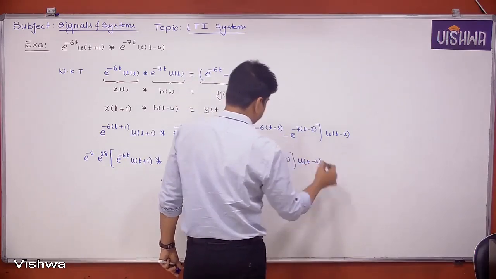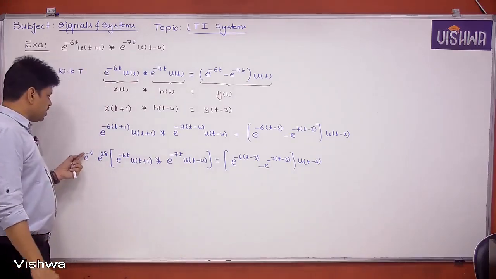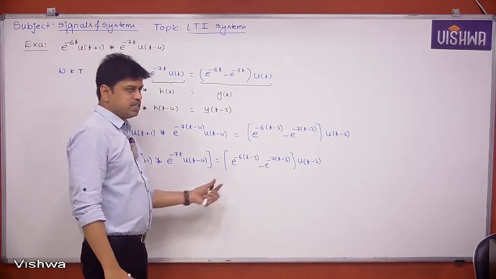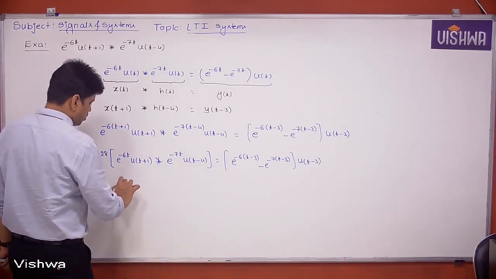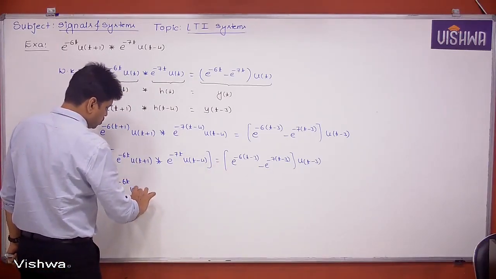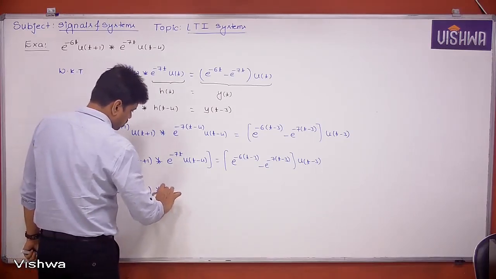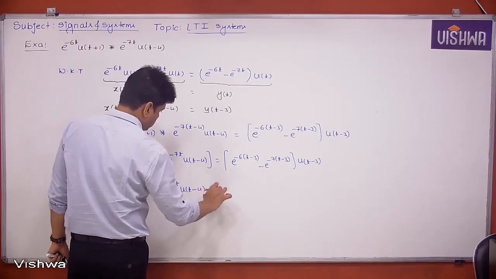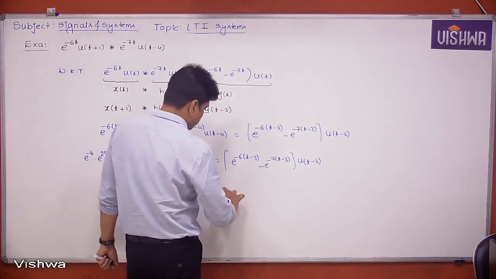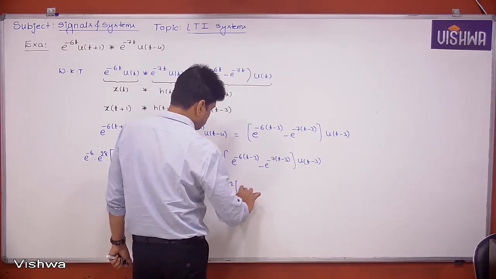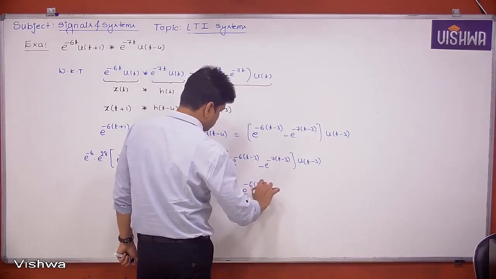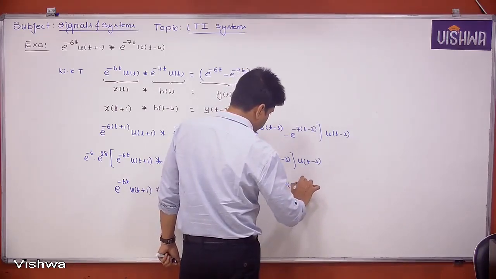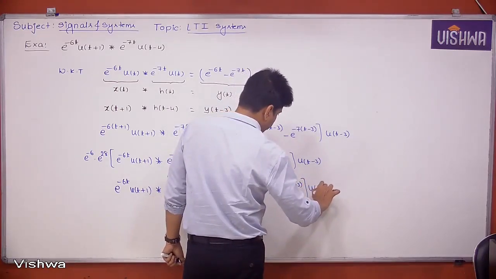Here we are not doing any modifications. Now here we are having e power minus 6, e power 28, which is nothing but e power 22. Bring that to this side. Then what we are going to get, e power minus 6t u of t plus 1 convolution with e power minus 7t u of t minus 4 is equal to e power minus 22 times e power minus 6 (t minus 3) minus e power minus 7 (t minus 3), u of t minus 3.